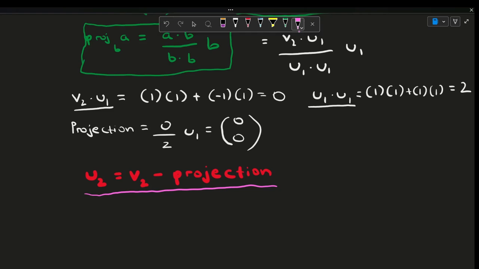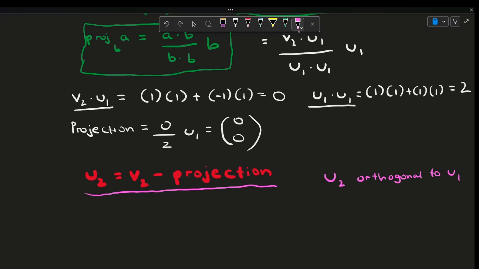Why do we subtract the projection? In the Gram-Schmidt process, our goal is to make u2 orthogonal to u1. So u2 is from v2 and u1 is v1. This is our goal in the Gram-Schmidt process.